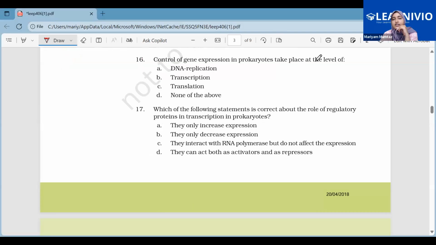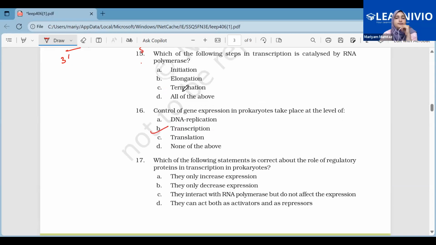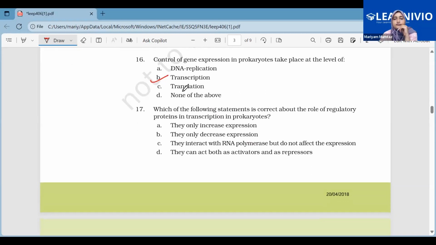Control of gene expression takes place at the level of transcription. Why? Explain. It only happens in prokaryotes.